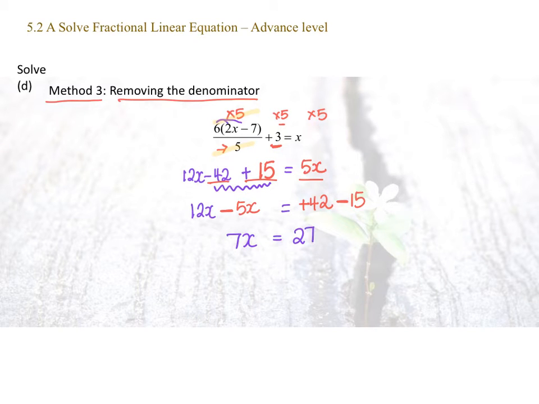So we'll get 7x equals 27, and we'll get the same answer as the other methods. So now we have 3 different methods over here. And the third method here is to multiply away the denominator.